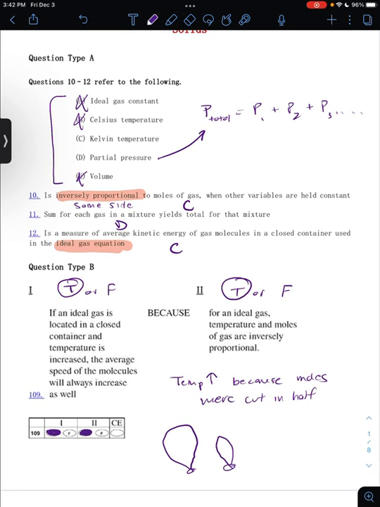So the temperature in here, let's say this is 298 Kelvin, and let's say that this one is 320. So we had an increase in temperature. Was that because of us letting out air? No. So even if both of these statements are true, it's not because of each other.